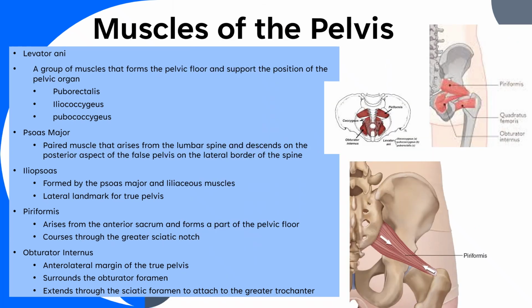All right, we are now going to talk about the piriformis and the obturator internus. These guys kind of go hand in hand. They're in the lower true pelvis, starting inside the true pelvis and making their way out, and both of them course toward the greater trochanter.